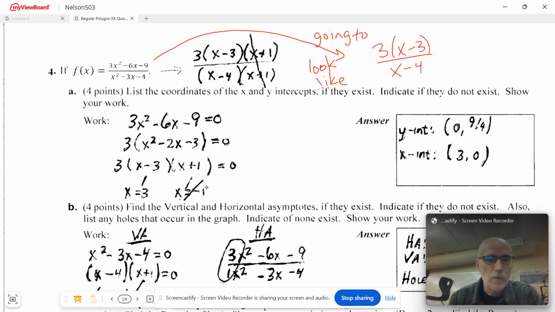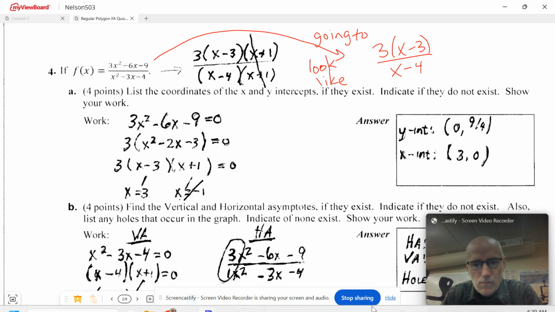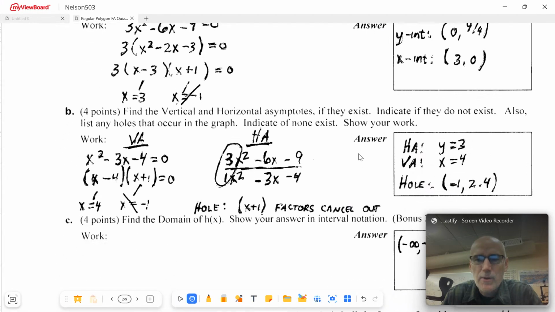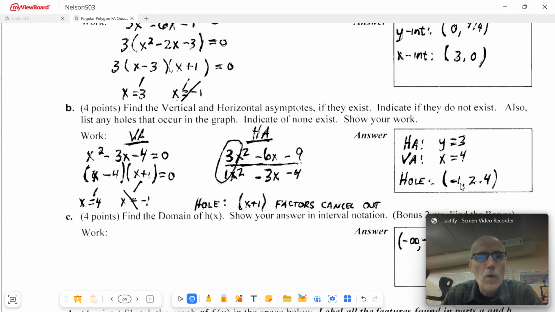So see, x cannot equal -1 because that would make my original function undefined. And so when we look down here a little bit lower in the problem, at -1 we have a hole, -1 comma 2.4. So I'm going to explain, where does this all come from?